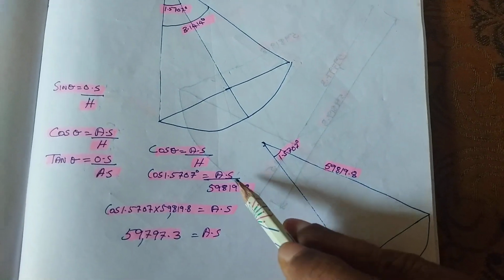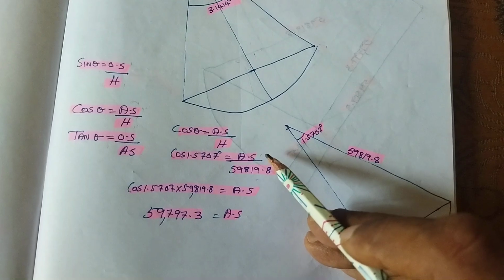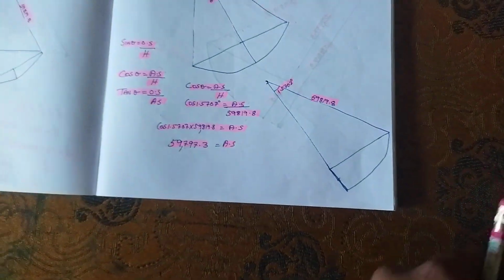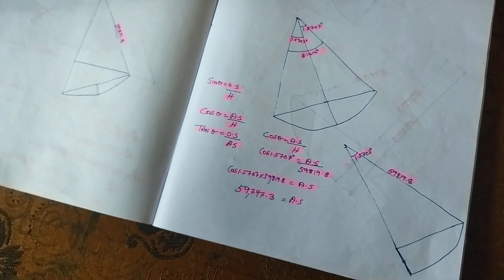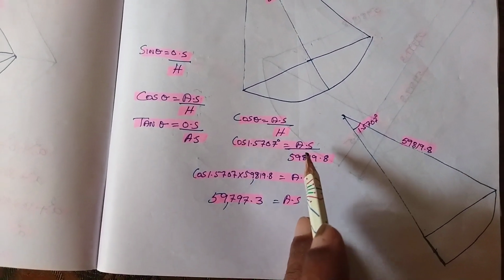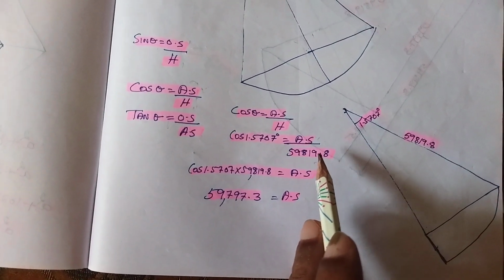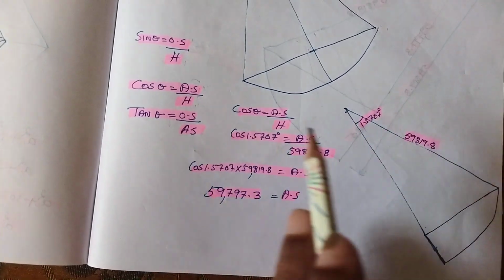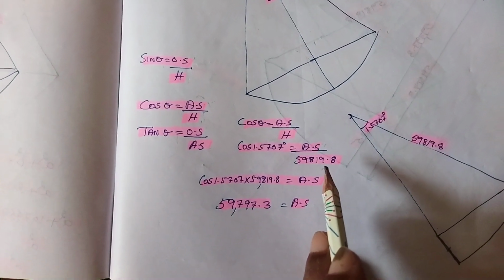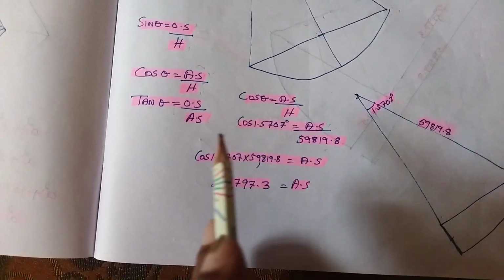We have written it here. Adjacent side by hypotenuse. Then we have to find out the adjacent side. We have to keep the adjacent side here on the right portion, equal to, and 59,819.8 has to be taken to the left side. As I have told in so many episodes, if it is in the bottom side, when it is taken to the left side, it will reach the top side.